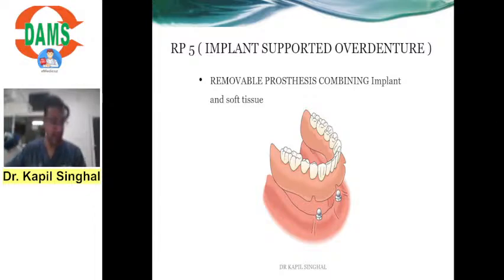Now, if you see this, the denture will take the support from the implants and the soft tissue both. So, this is an example of RP5 kind of prosthesis. When 2 implants are to be placed, they are preferred to be placed in the canine region. When 3 implants are to be placed, they are preferred in 2 canines and 1 of the incisors.